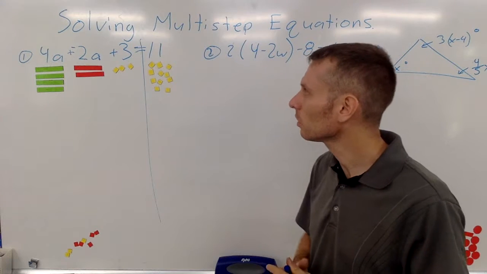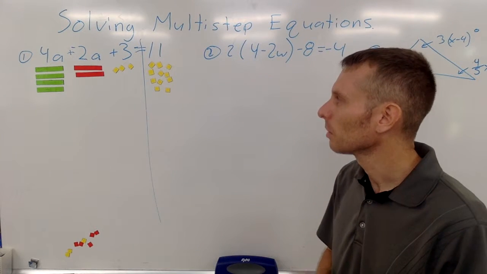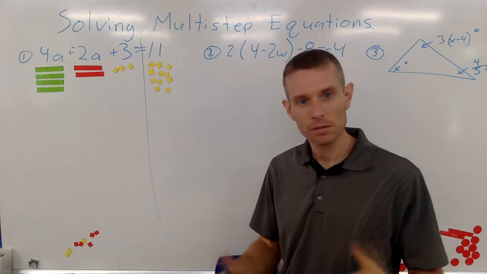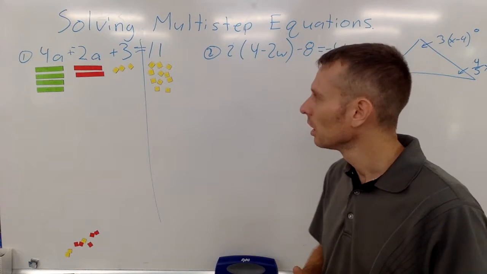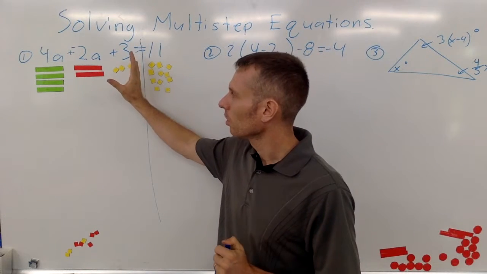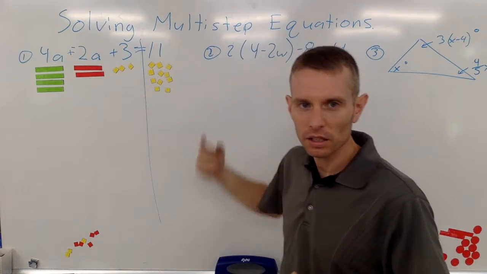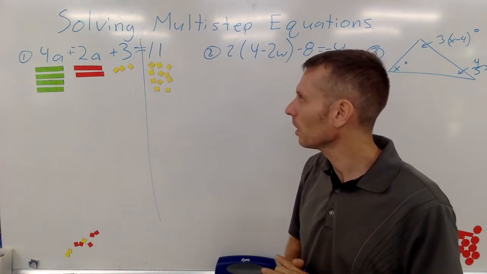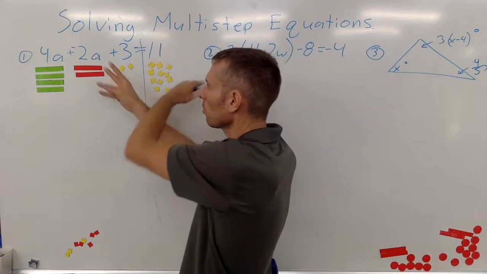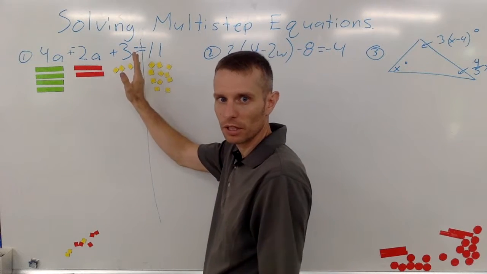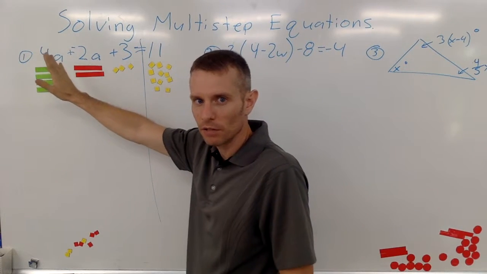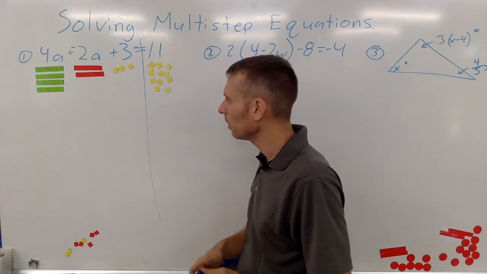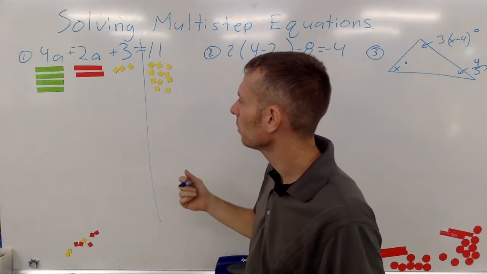Step 2, now what I want to do is combine like terms. Sometimes you might have to use the distributive property, but I'm going to combine like terms on each side of the equation first, okay? I'm not combining things across the equal sign. I'm just looking at only the left and combining what I can over there, or only the right and combining what I can over there if there is something to combine.